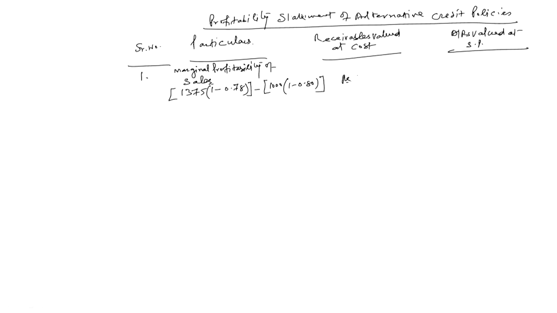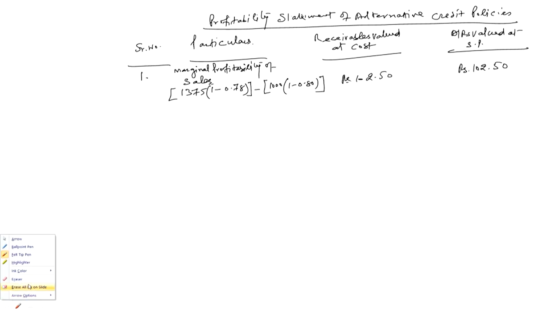Our total sales were 1000 crores and the cost of sales was 80%, right. So, if you look at the profit here, profit is the same, that is rupees 102.50, and here also 102.50.